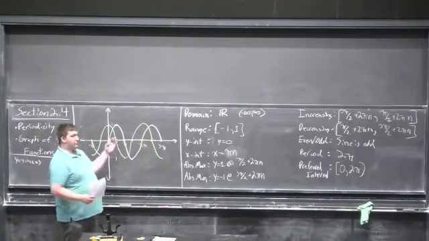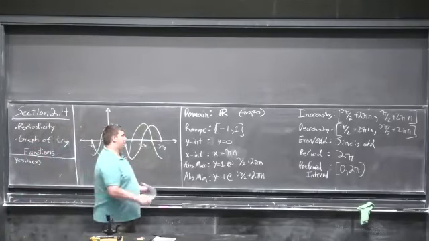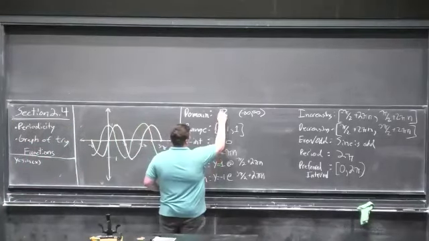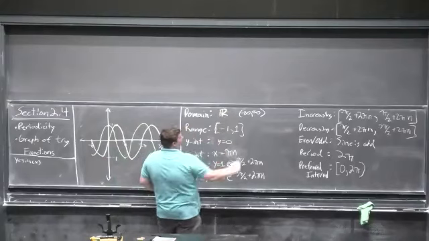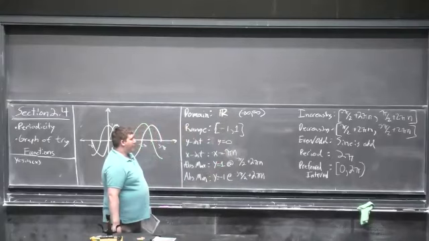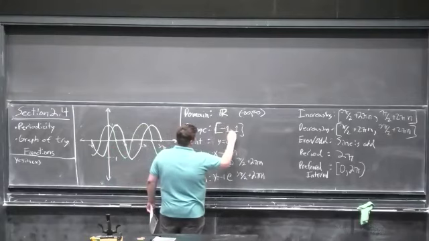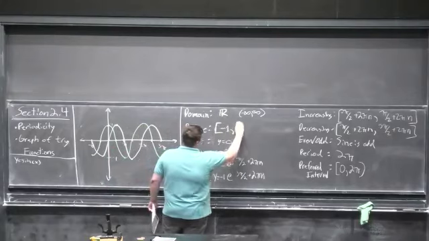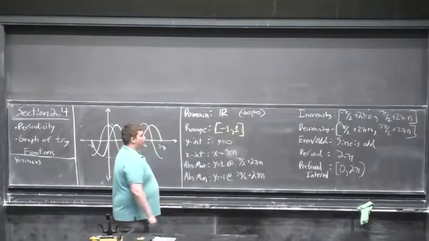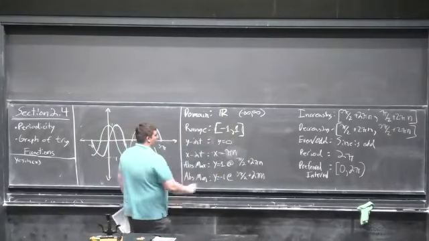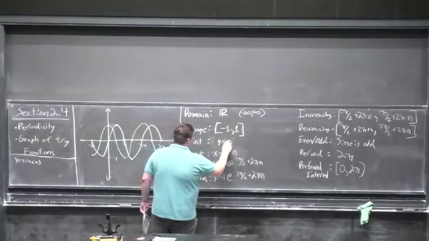So this process repeats. Our domain is again all reals. Our range again will be from -1 to 1. Our y-intercept will be y equals 1.